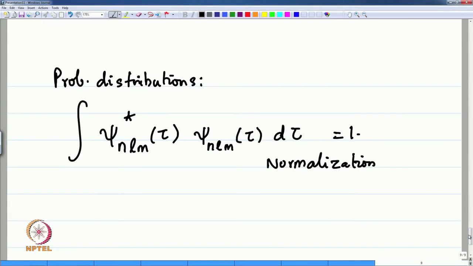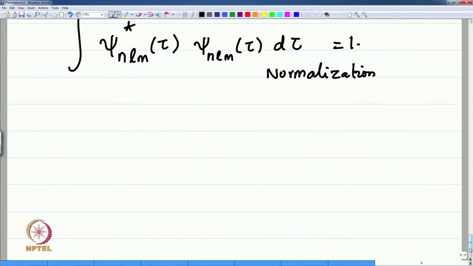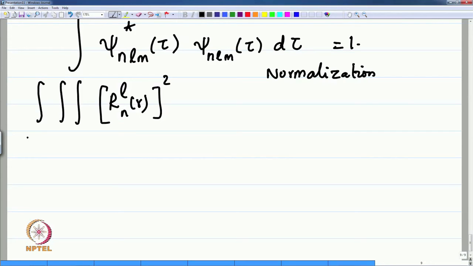From the functions given in the lecture notes for the individual R n l's and the Y l m's, the integral now takes the specific representation as a triple integral, r equal to 0 to infinity, theta equal to 0 to pi, and phi equal to 0 to 2 pi.